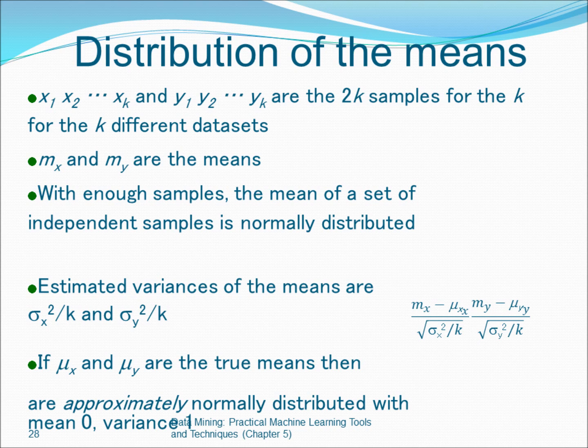Then you compare this, that's the Z value, with the shift and the compression. If K is big enough, the sample size is big enough, they should follow the normal distribution. Following the normal distribution means if they are really different enough, they're going to fall outside of the confidence interval. Then you can reject the null hypothesis.